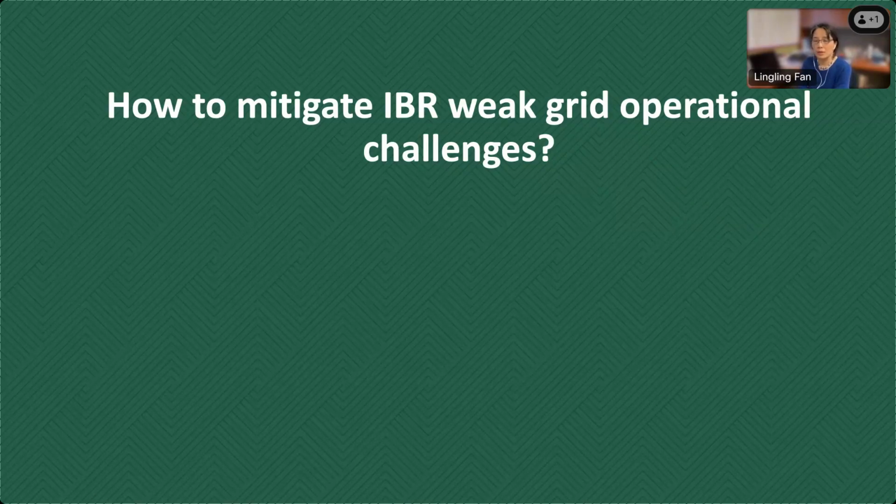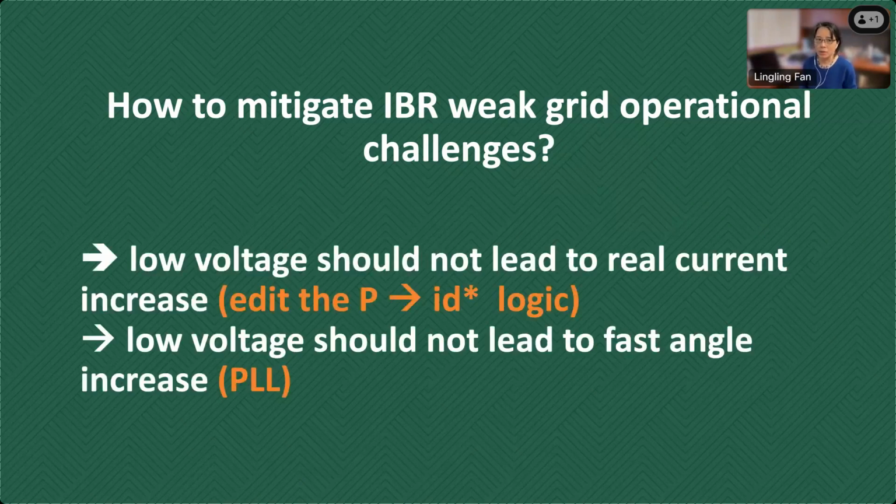Now we start brainstorming and move to grid forming. The first thing we ask ourselves is how to mitigate IBR grid operational challenges, because these are challenging. How do we change controllers? A couple of things we think about: the PLL follows the angle too much, so probably we should change the PLL. We don't want it to be so sensitive to the voltage.